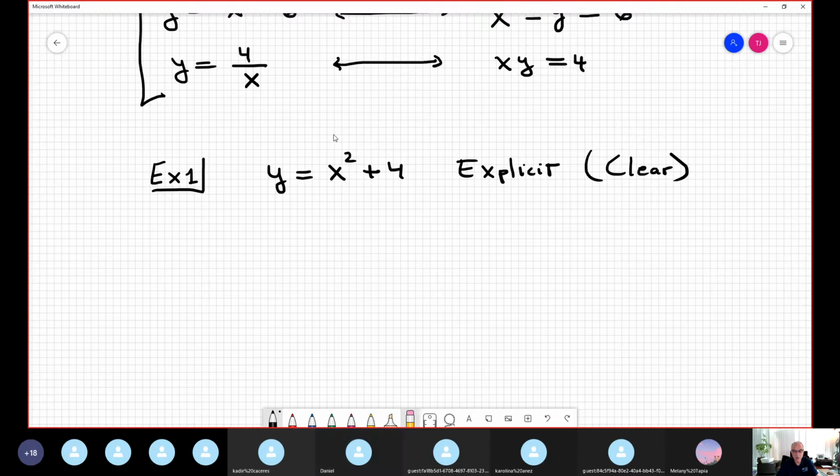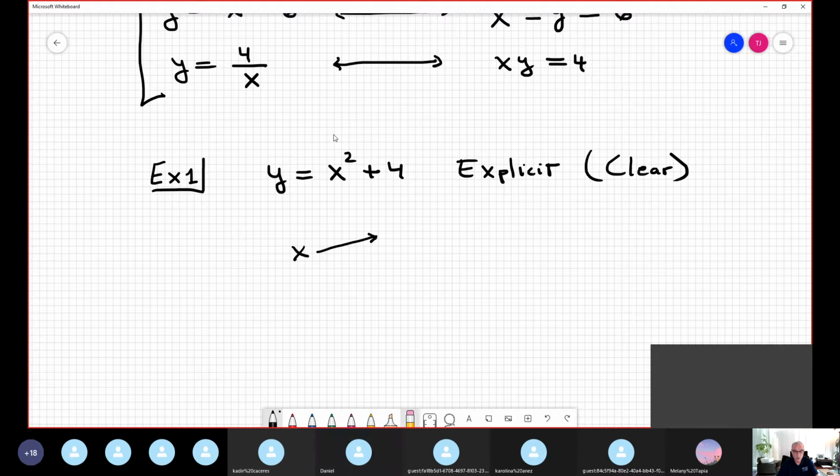Understandable. Why is it understandable? Because I can see that one value of x, which you assume arbitrary, 3, negative 3, 4, generates only one value of y, which is x squared plus 4.